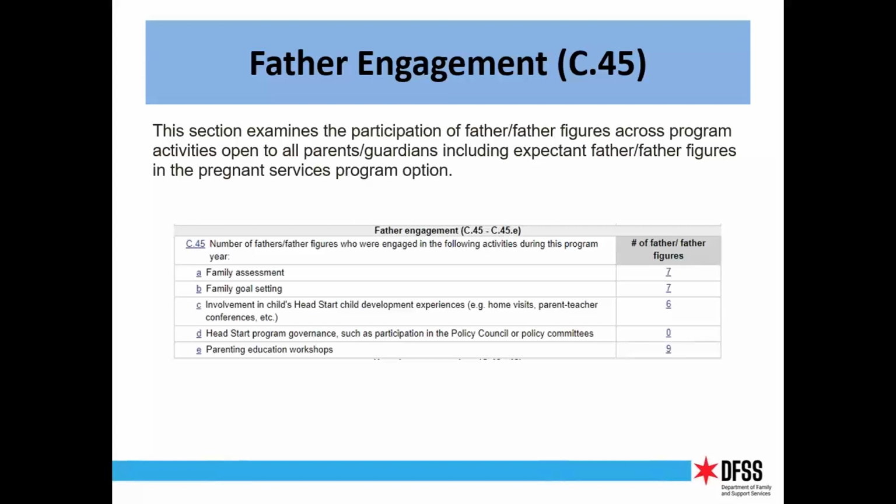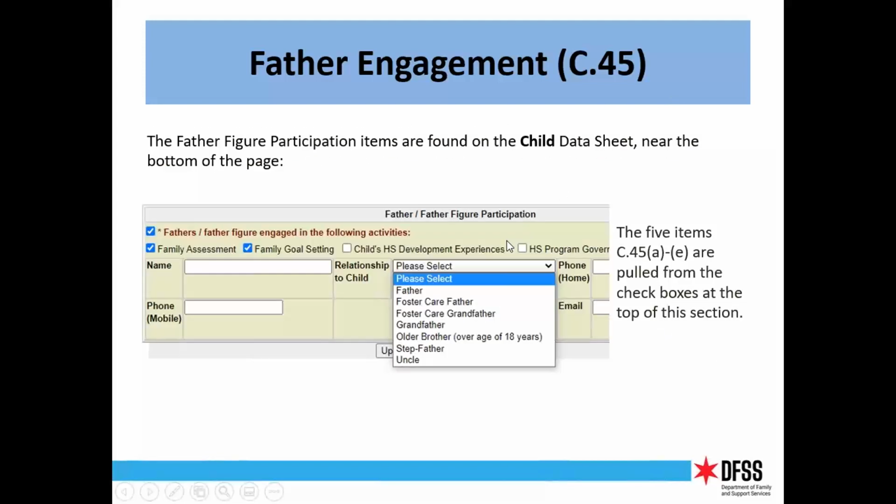So these items are actually tracked at the child level, which is amazing to me. But that's true. At the bottom of the child data sheet, almost down to where you get to the enrollment record, you'll see the father or father figure participation field.